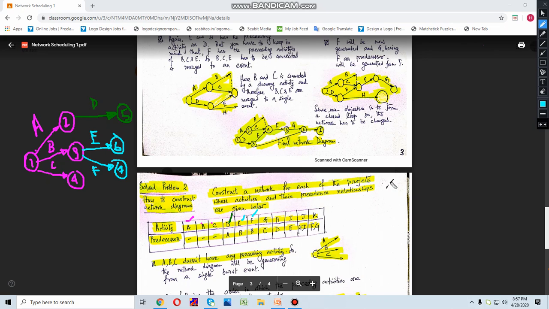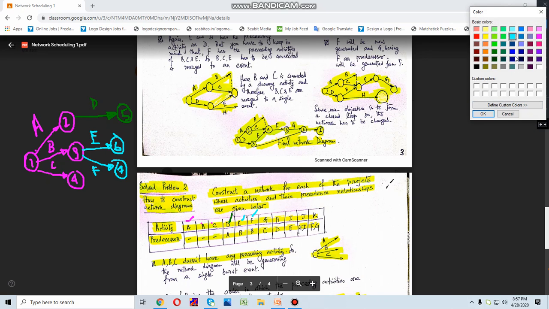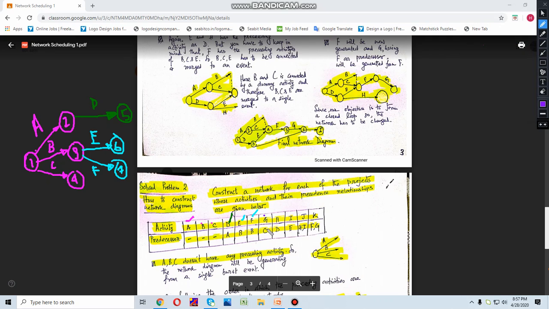Okay, now similarly, in the next part you will see that G has been generated from C. So just write G here. Okay, it is very easy, I hope.